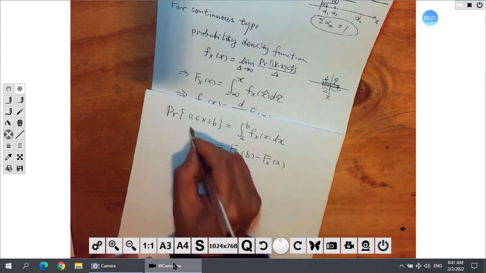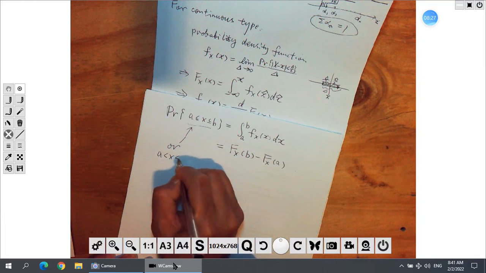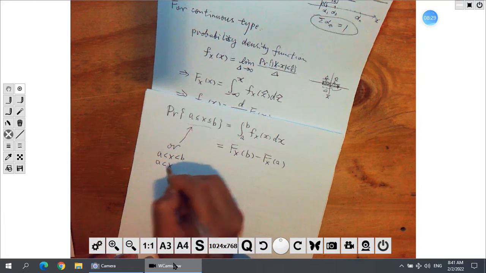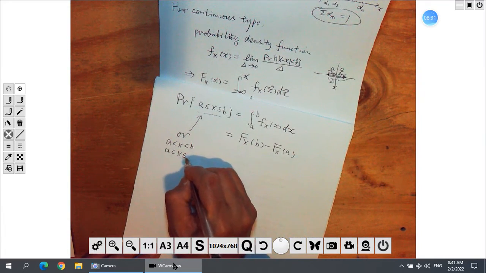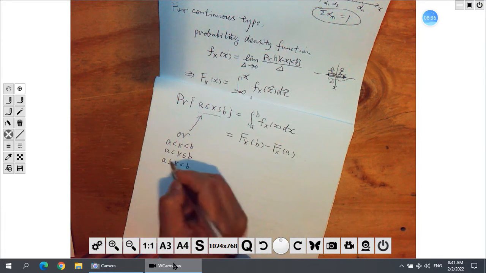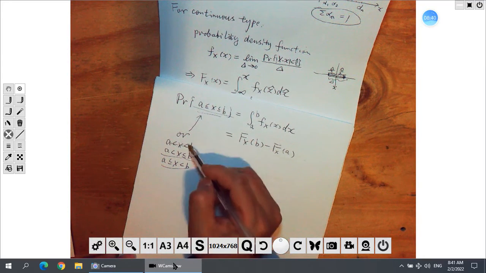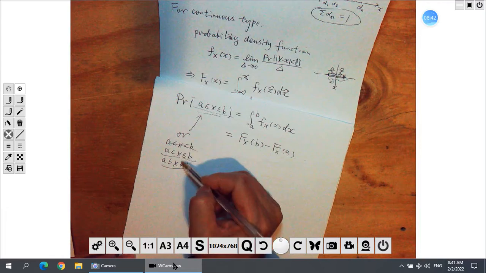And this interval, a smaller than x smaller than b, a smaller than x and x smaller than or equal to b, or a smaller than or equal to x smaller than b, either way is the same thing. They have the same probability. Now I have 4 different kinds of interval.